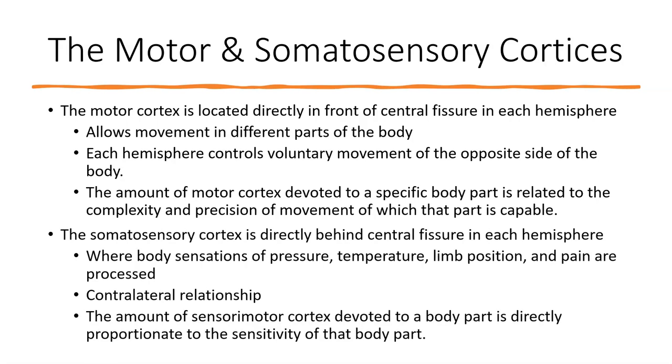The somatosensory cortex is directly behind the central fissure, and this is where we integrate sensations that come from the body, and it does a certain degree of integration. So, primarily you're talking about sensory information coming in from the skin, so pressure, temperature, but also inside the body.